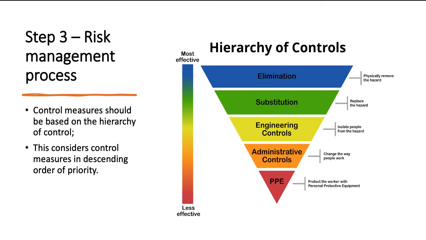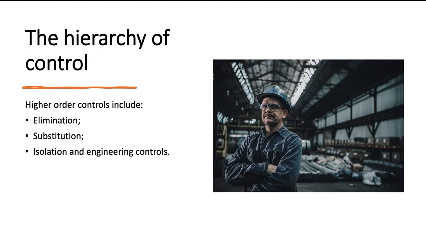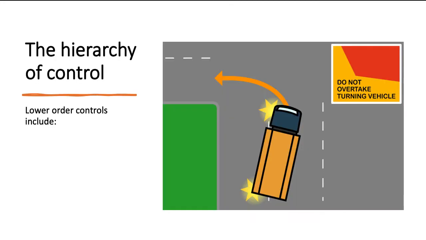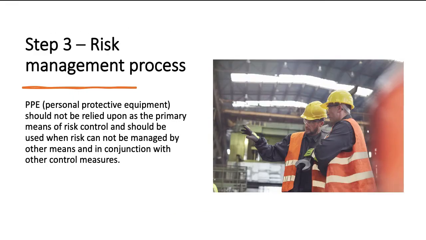We can see at the top in blue, on the left of screen, most effective, right down to least effective. Higher order controls include elimination, substitution, and isolation and engineering controls, and lower order controls include administrative controls and personal protective equipment.